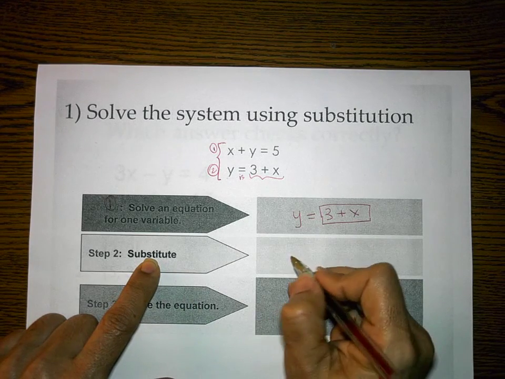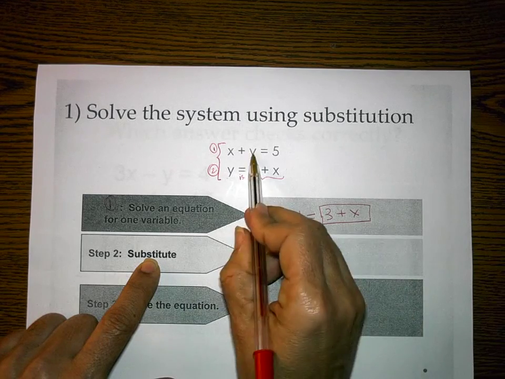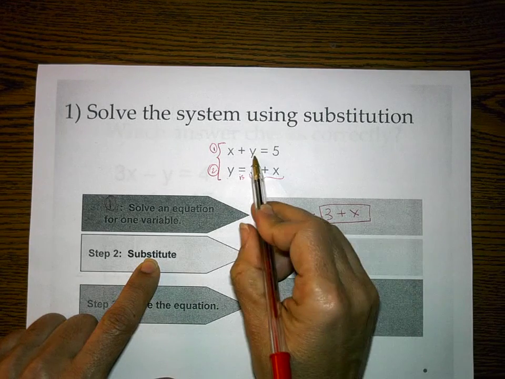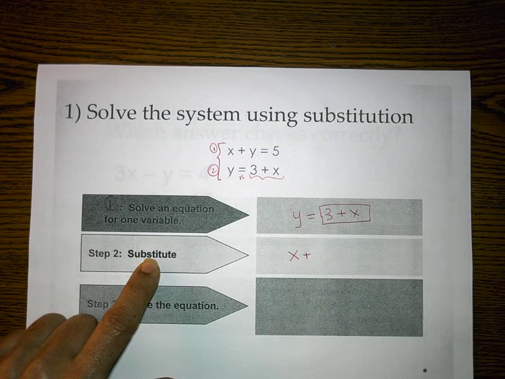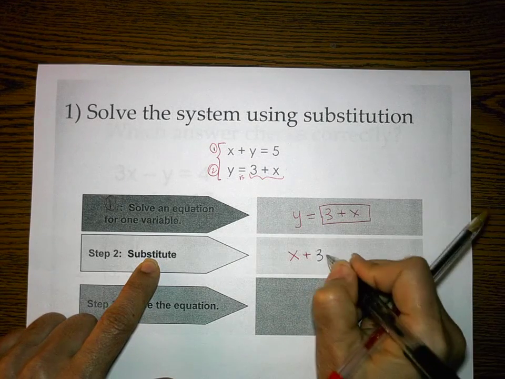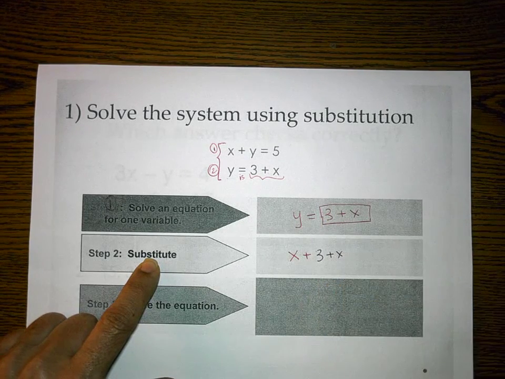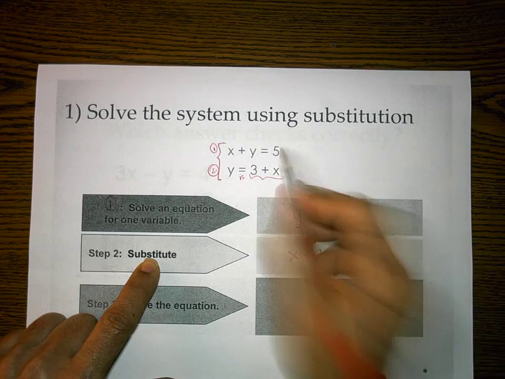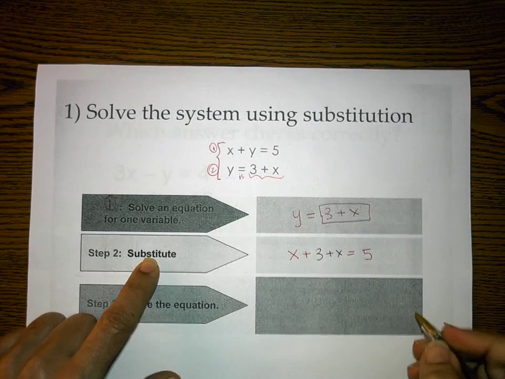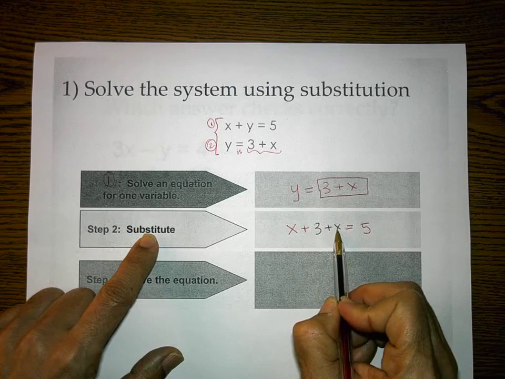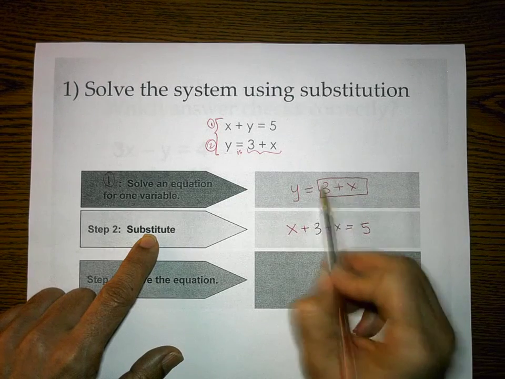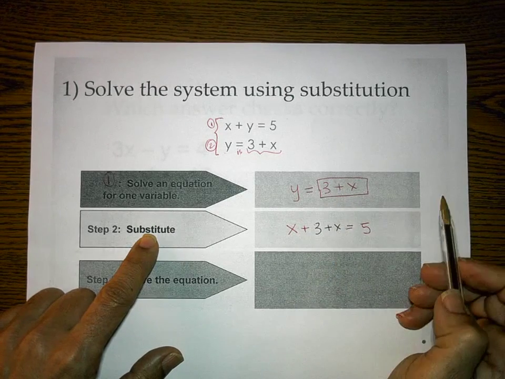I'm going to get x plus, instead of a y, I'm going to write the substitution of y, which is 3 plus x, equals 5. So in the place of where y was, I substituted the value of y. y is 3 plus x.